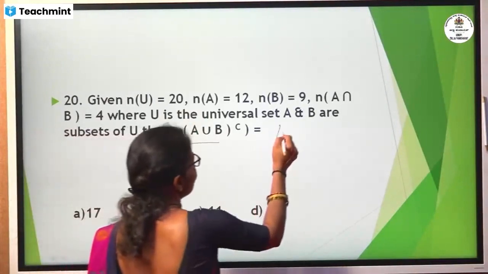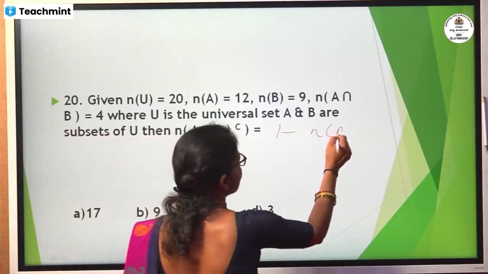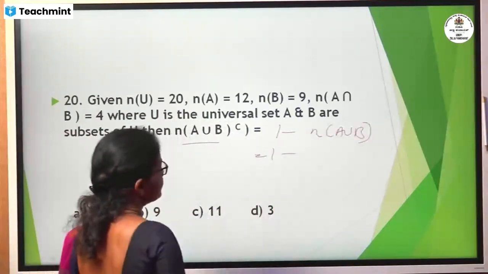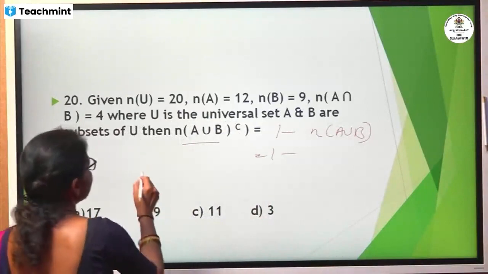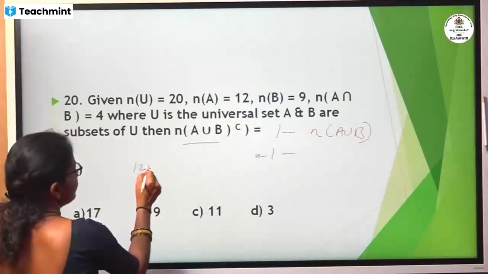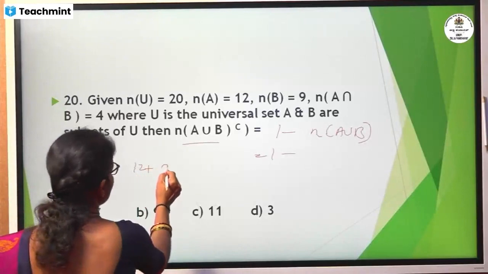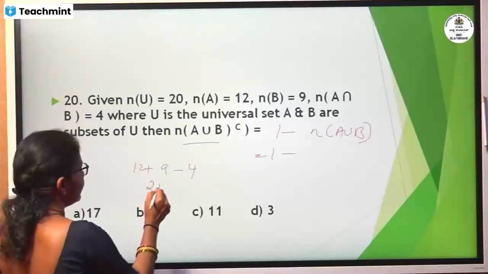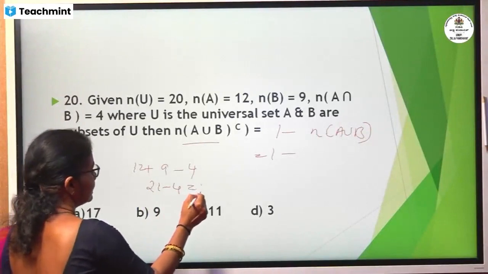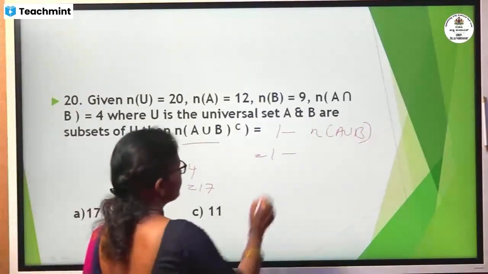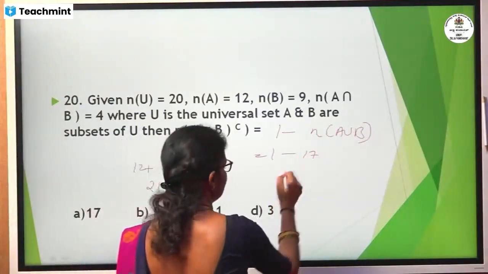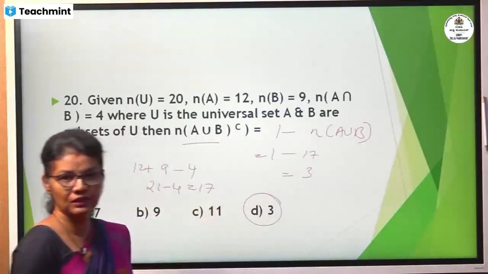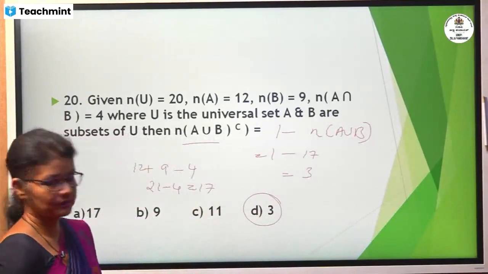So consider 20 minus n of A union B. First calculate n of A union B, that is n of A plus n of B minus n of A intersection B, that is 21 minus 4, that is 17. So this is 20 minus 17, which gives you 3. If you check with the options, option D holds good.